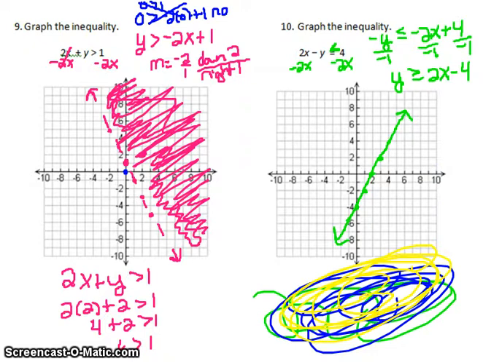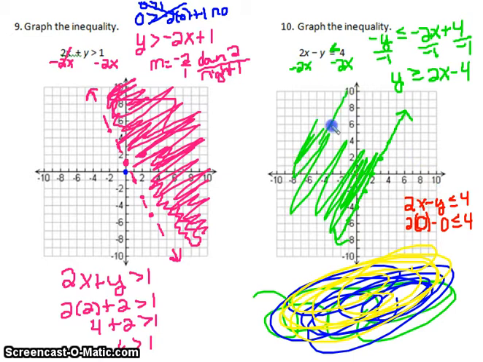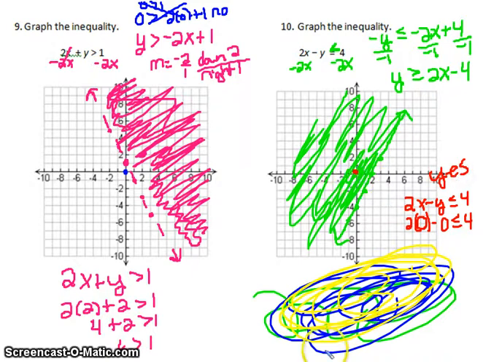And if we check our 0, 0, in the original equation, 2x minus y is less than or equal to 4, which means is 0 minus 0, because 2 times 0 is just going to give us 0, less than or equal to 4? The answer for that is yes. So we're going to shade the side with 0, 0. Our answer is yes. So we shade over here.